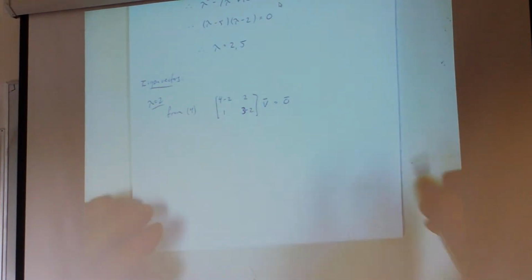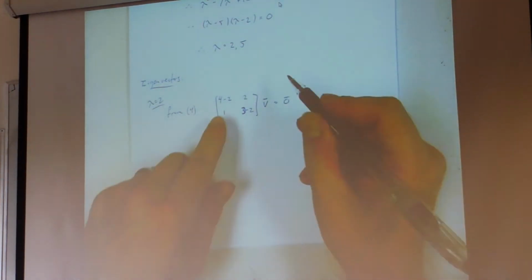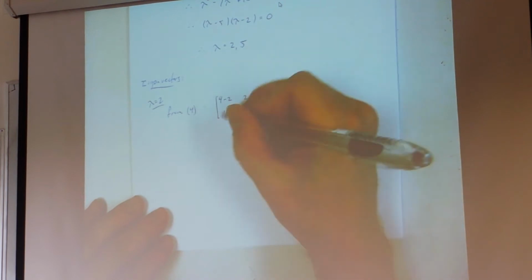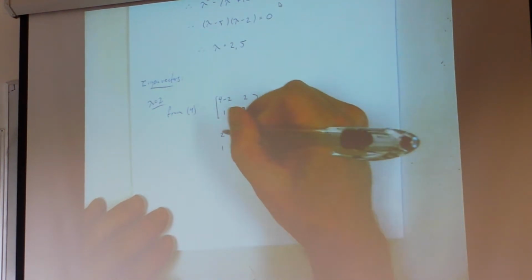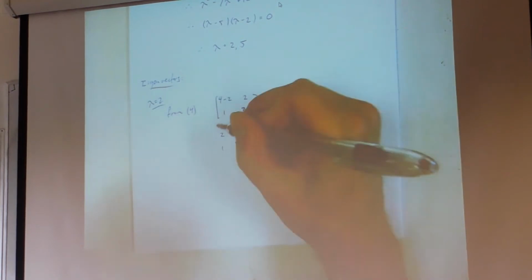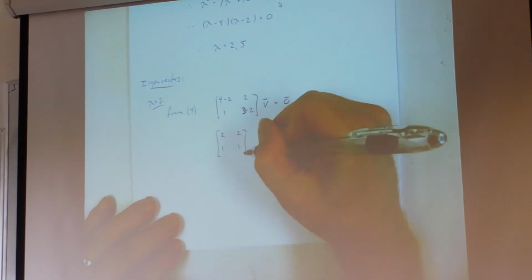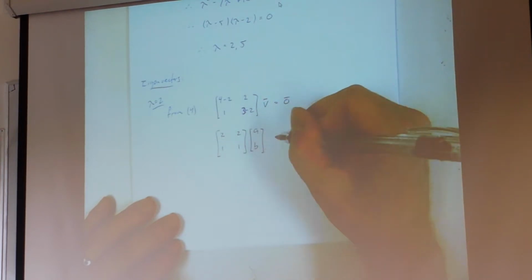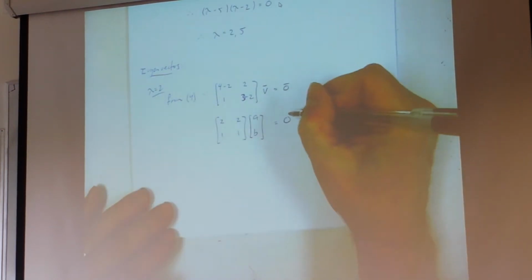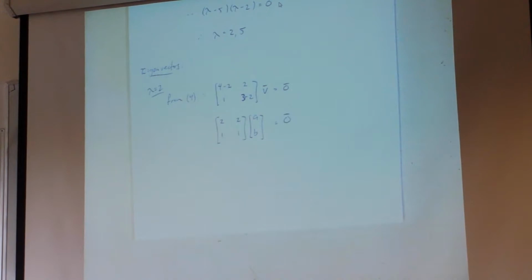All right. So in other words, let's do this one more step. 4 minus 2, 2, 1, 1, times v, and we'll just call it a, b for now. I don't know what these are. Equals 0. All right.